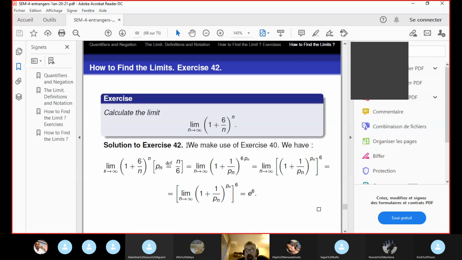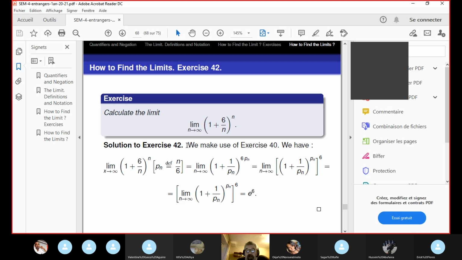First of all, I write that the limit as n goes to infinity, then the square bracket, and the power 6. And then I write that the limit of something that is (1 + 1/p_n)^(p_n), and all this to the power 6.